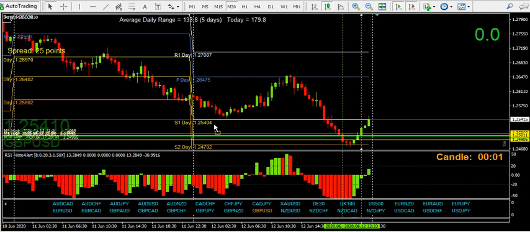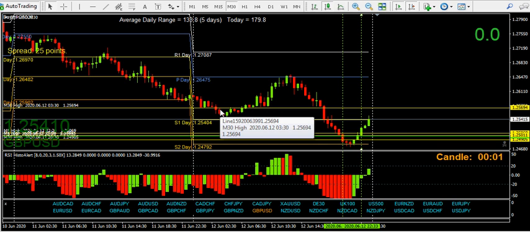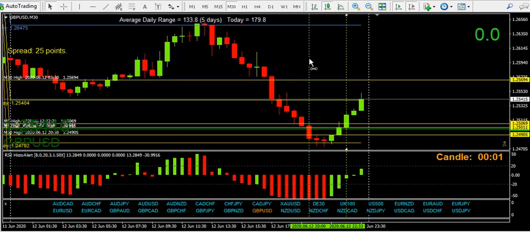Our reversal penultimate candle is here. This is the break and close by the look of it. High, low, lower, high, lower, low. All of this is just noise until it breaks and closes above the yellow line. Let's have a look at the high and close of that one.